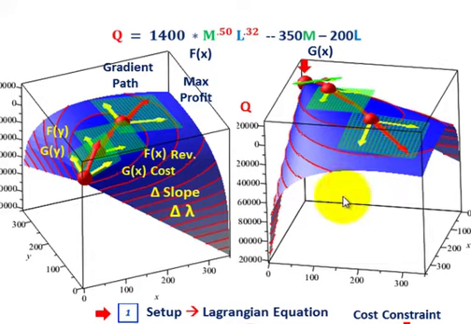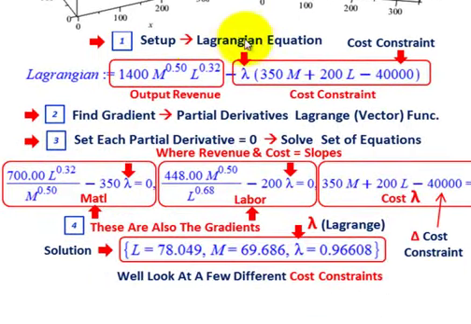Okay, so what we have to do here, just before we get into comparing our Lagrangian here, first off, we go through these different steps. So first off, you have to set up your Lagrangian equation here, and I'm showing that here. Here's our revenue portion. That's our output portion that we're looking at. And we would subtract from it our Lagrangian multiplier times our cost constraints.